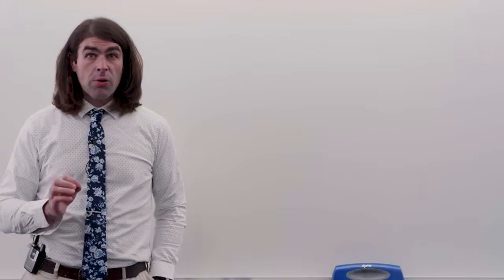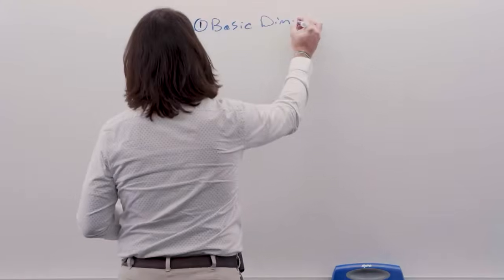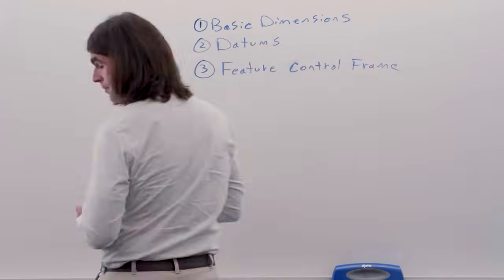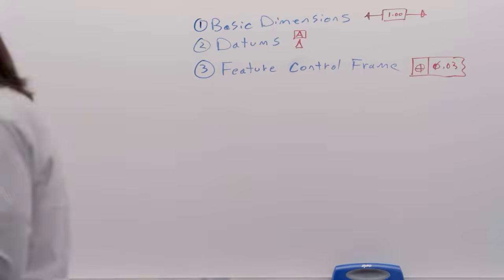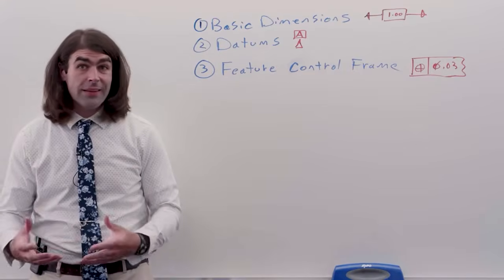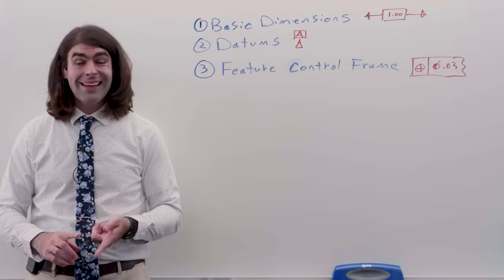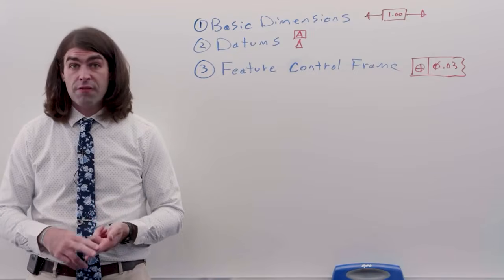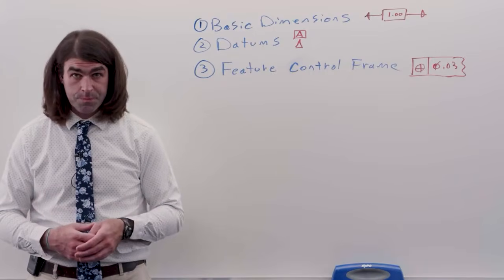Now, position tolerances have 3 requirements, things that have to be on the drawing. So the 3 things that need to be on the drawing are 1, basic dimensions, 2, datums, and 3, feature control frames, or at least one of these.